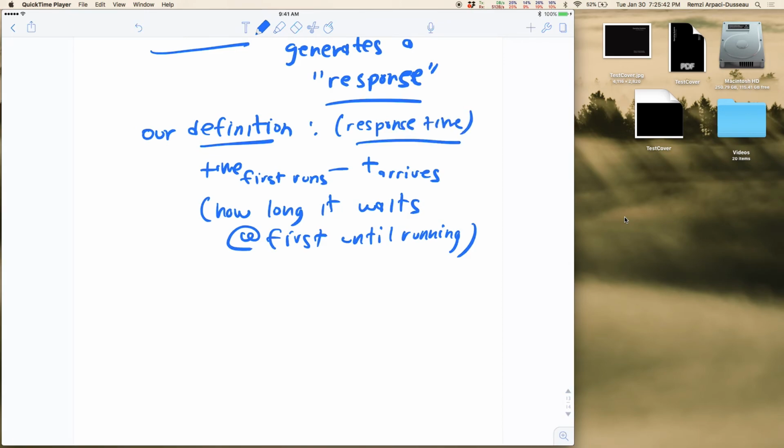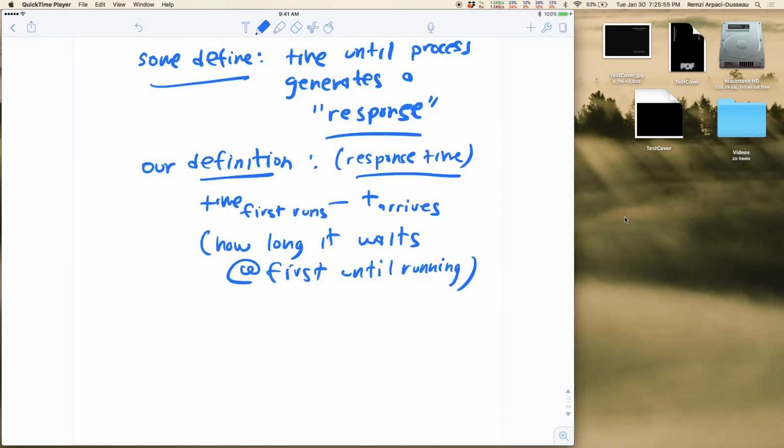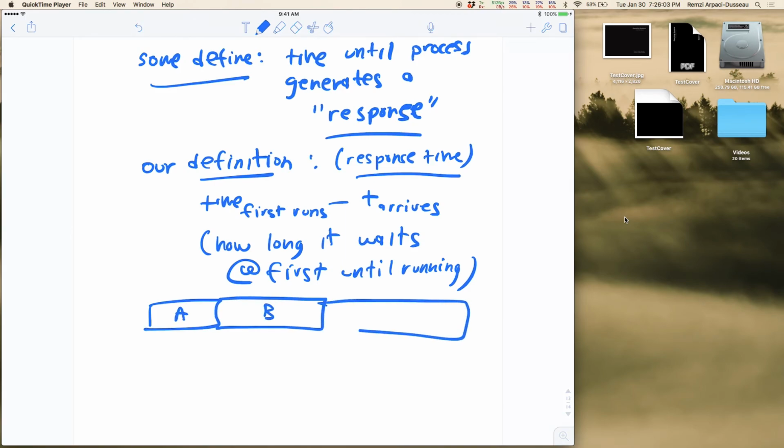Now, we said shortest job first was optimal in its constrained scenario, and then its generalization, shortest time to completion first, is optimal, assuming jobs arrive at different times and you know their run times. But how do these do for response time? Well, let's say you have 3 jobs arrive, A, B, and C, and you schedule A, which is shorter than B, which is shorter than C. So this looks like a shortest job first schedule.